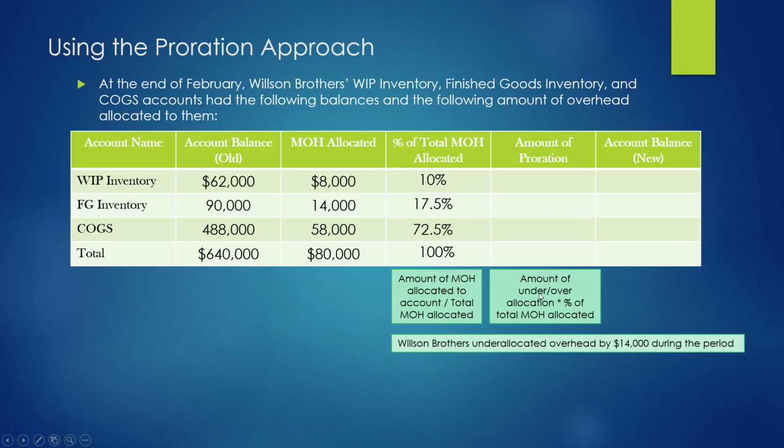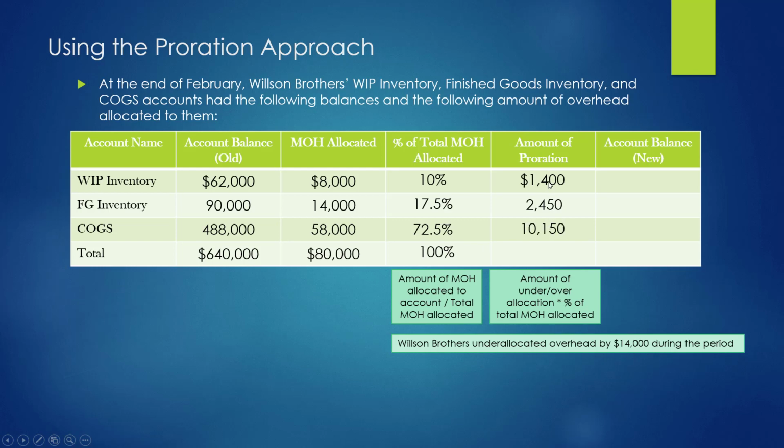So the amount of over or under allocation we had times the percentage of total manufacturing overhead which is allocated to that account. And 10% of 14,000 is 1,400. 17.5% of 14,000 is 2,450, and 72.5% of 14,000 is 10,150.